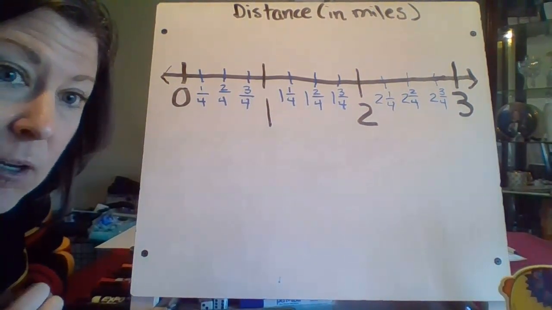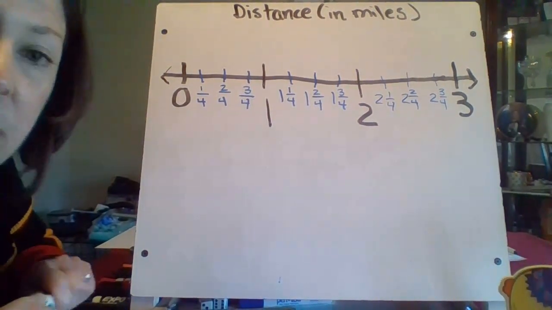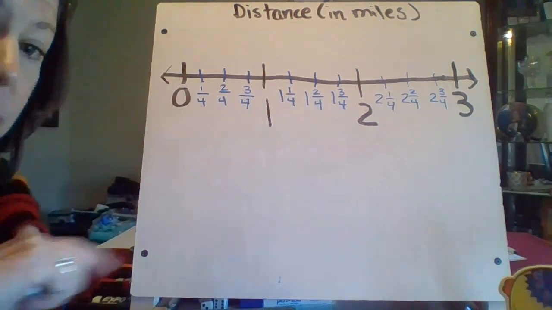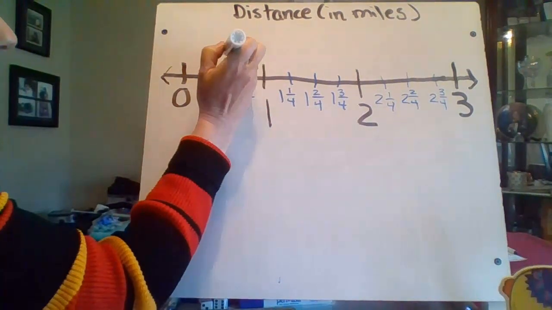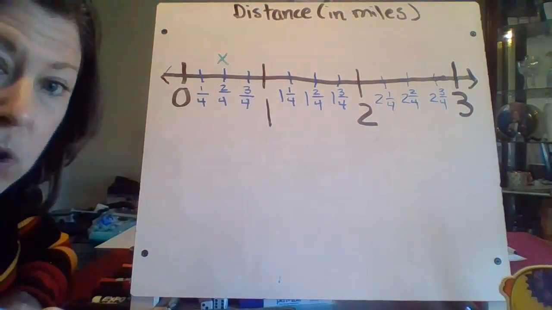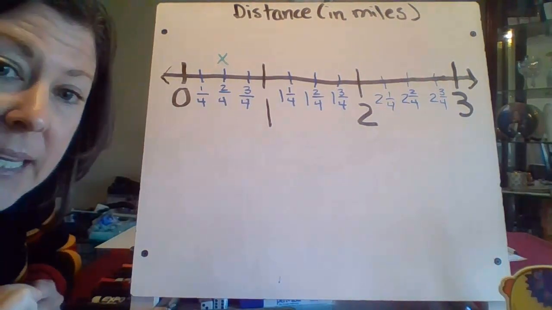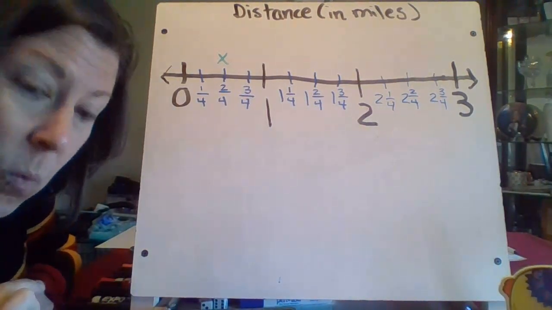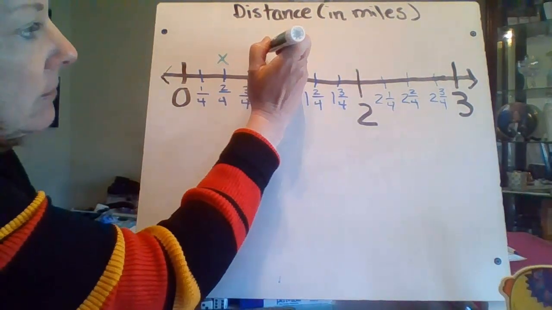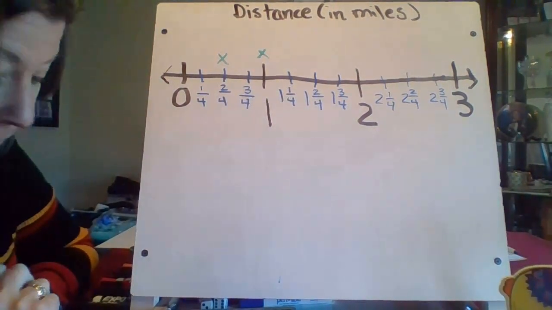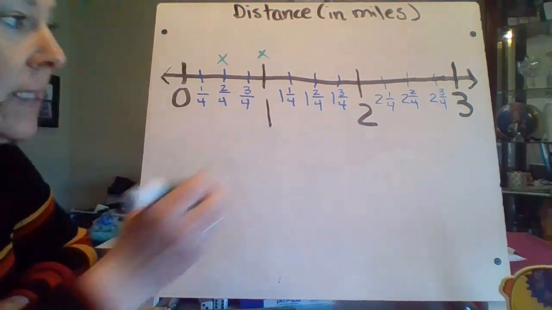Person A ran 1/2 a mile, which we rewrote as an equal fraction, 2/4. Person B ran 1 mile. Person C, 1 3/4.